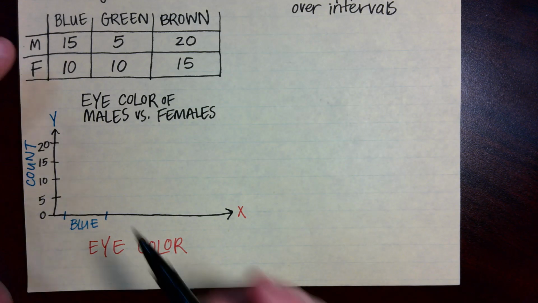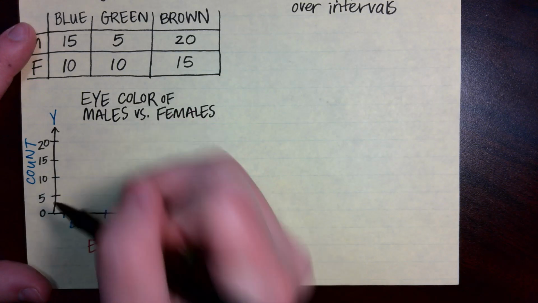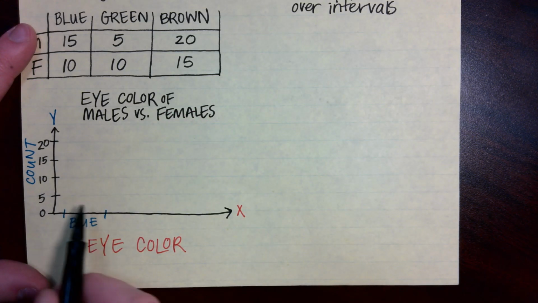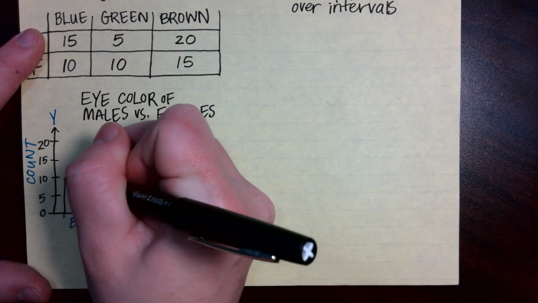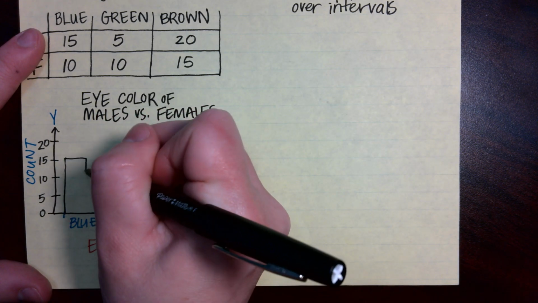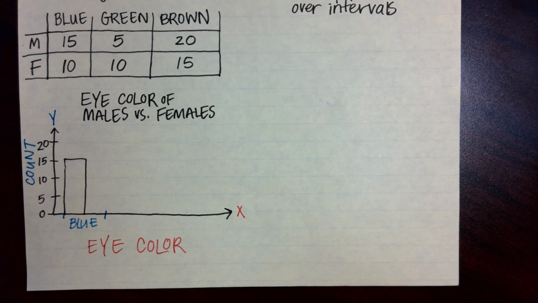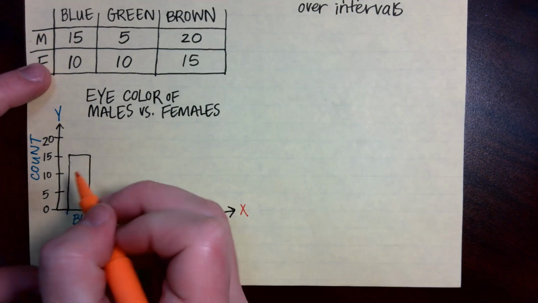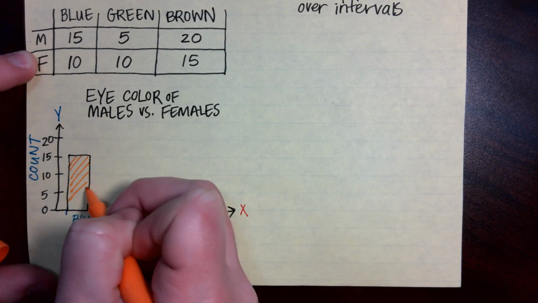Okay, so for blue eyes, males had 15, so I am going to start within this little area I created, and I'm going to draw a line up to 15 and bring it down about like that. And for boys, I am going to make them orange so I can compare.